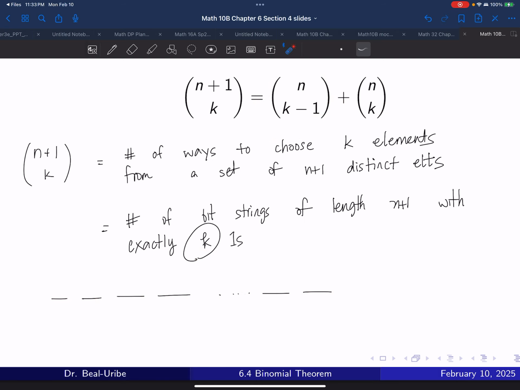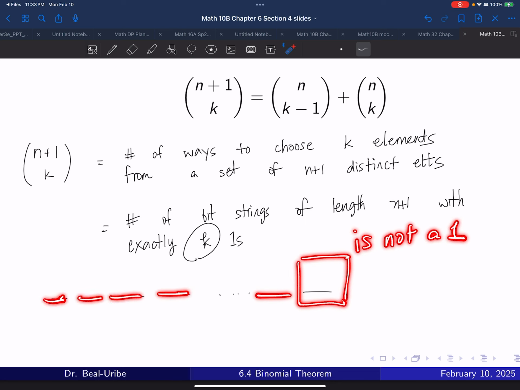Or if this is not a 1, then I need to add the number of ways to have exactly k of these n slots be filled with 1s.